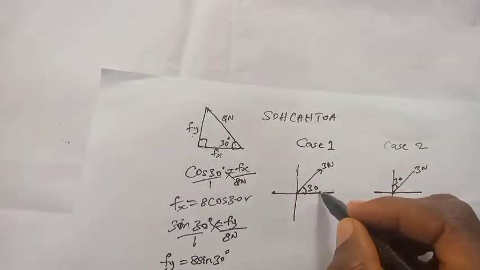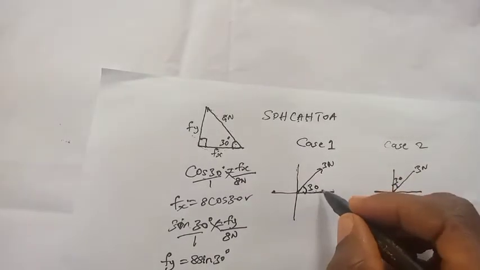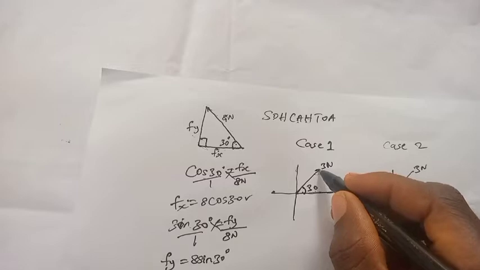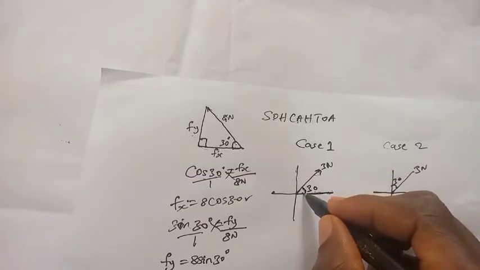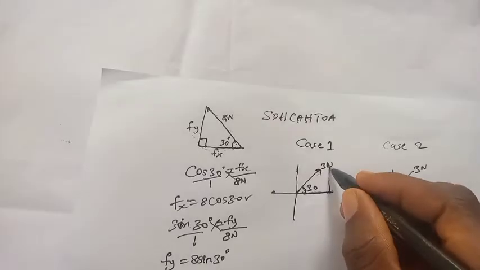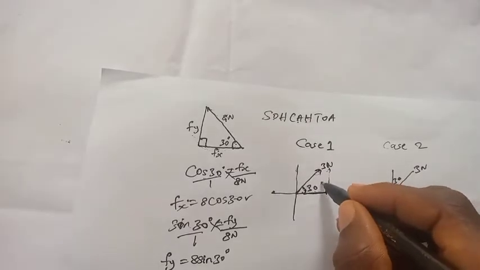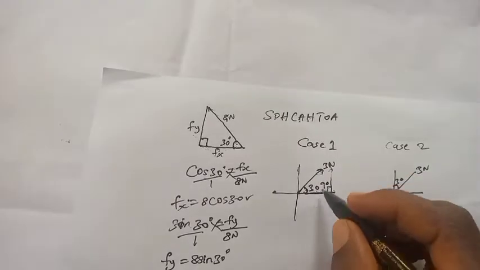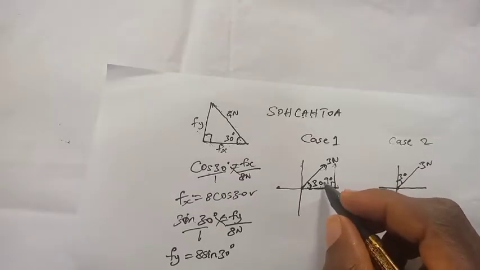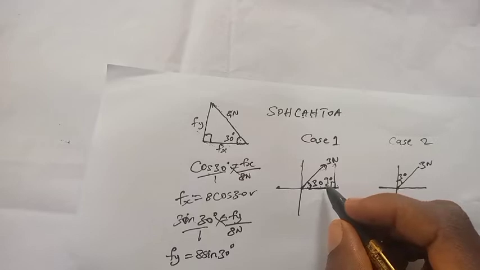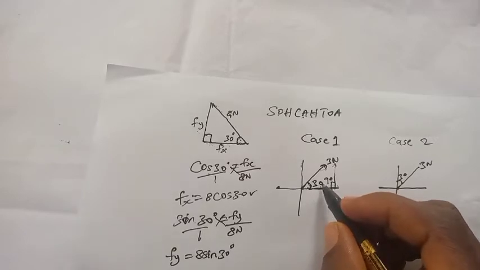That's the same in case 1, because this line here is connecting this angle 30 and the angle 90 here. If we want to resolve this force, our horizontal component will take cosine theta.